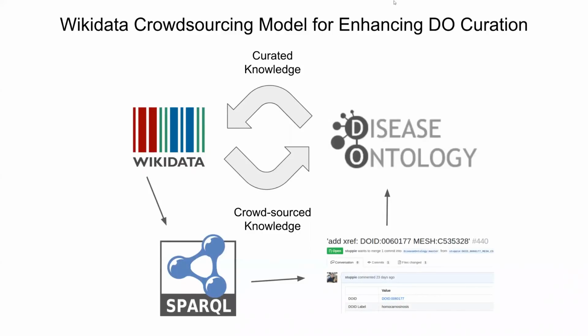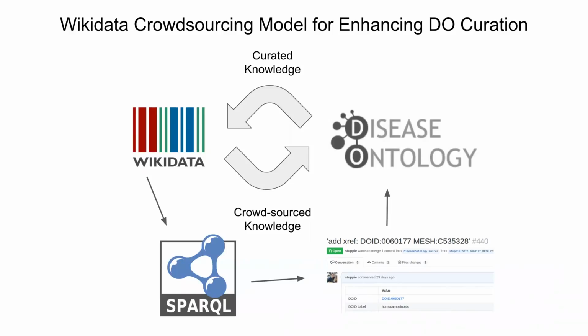We have a project with the disease ontology where we've imported all 6,000 diseases from the disease ontology into Wikidata. This was almost 2 years ago. And then we let people do whatever they wanted to these diseases, add or update or change statements.